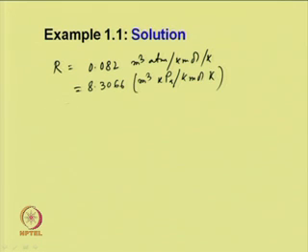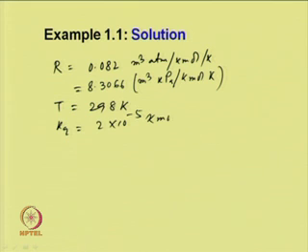So T is 298 Kelvin. So Kg is equal to 2 into 10 to the power minus 5 kmol per meter square second kilopascal.